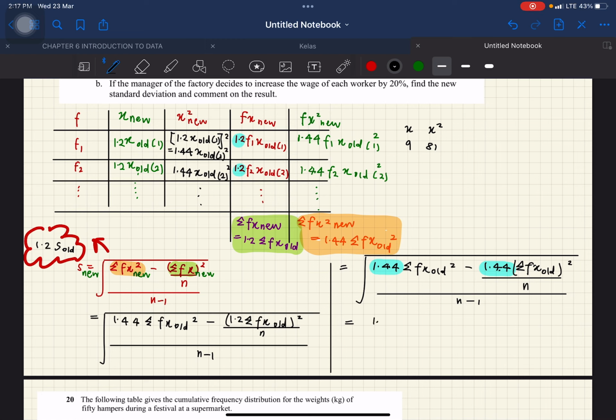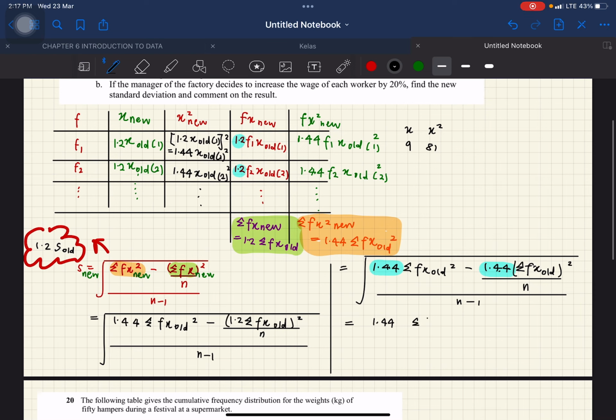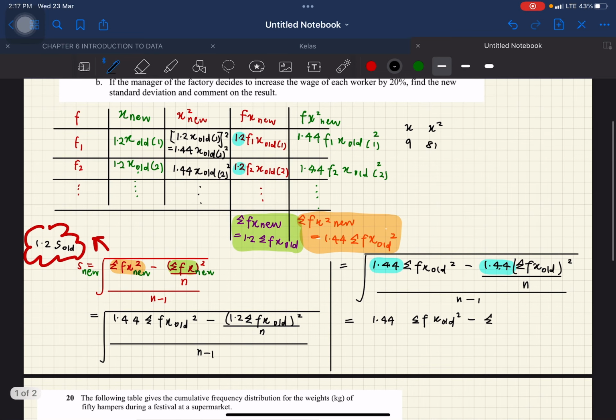So factor out, awak akan dapat 1.44, and then summation Fx yang lama kita square kan, minus summation Fx old, tutup bracket, square, over n, over n minus 1.